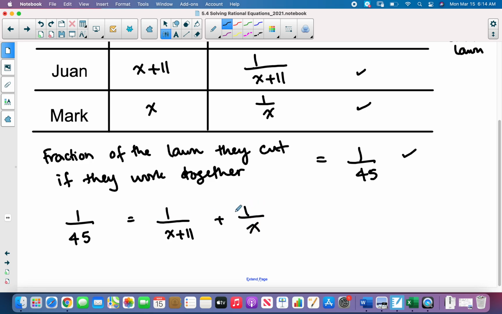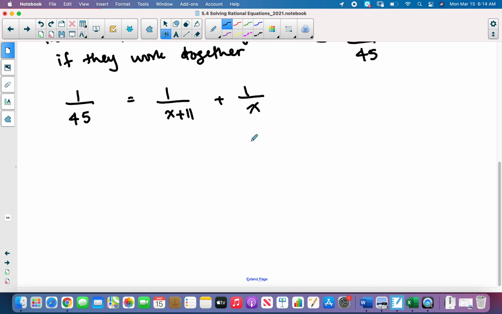This helps me write an equation that relates the amount of work they can get done in 1 minute separately, and that adds up to the amount of work that can get done in 1 minute if they work together. So I have a rational equation here, and I need to solve for x.